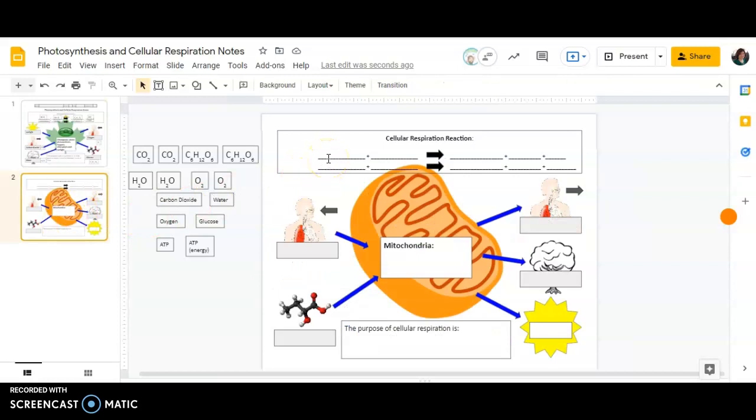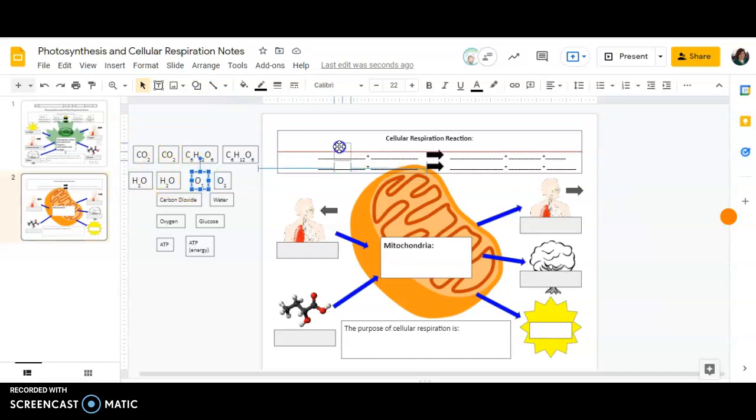Okay? So cellular respiration also has a reaction, which we're going to have with the chemical formula. We're also going to use the words for it. So when we do this, we're going to have O2, which is oxygen.